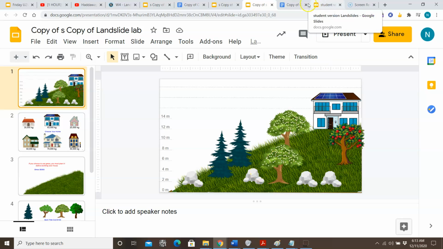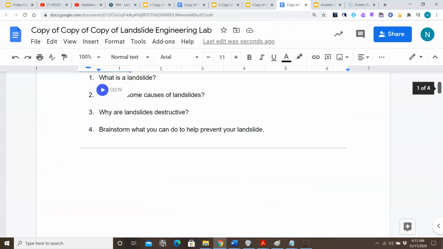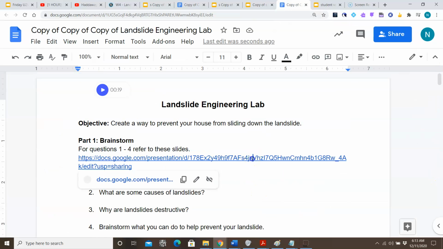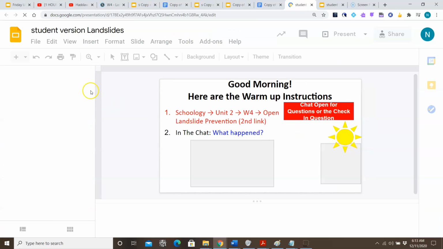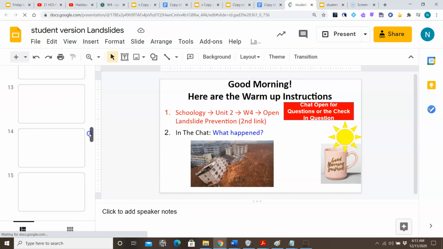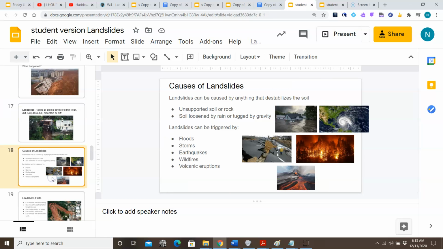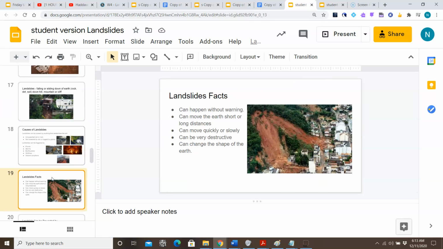To discover how they will protect my house, if you go back to the slides at the top, these same slides, which I'll just reopen. For each of the items, grass, rocks, etc., it tells you how those items protect.